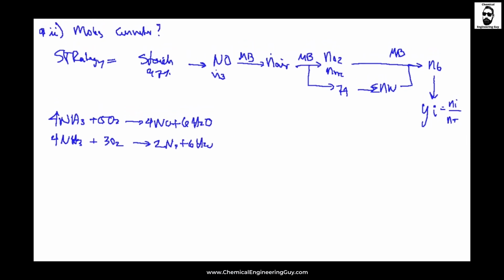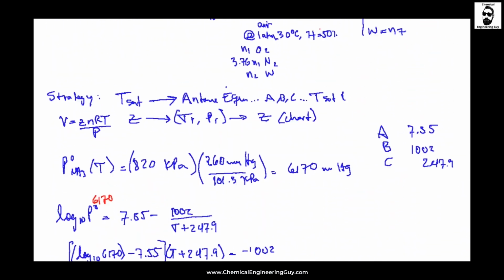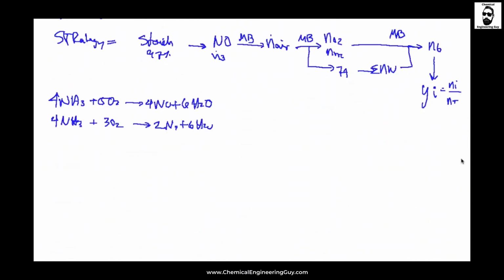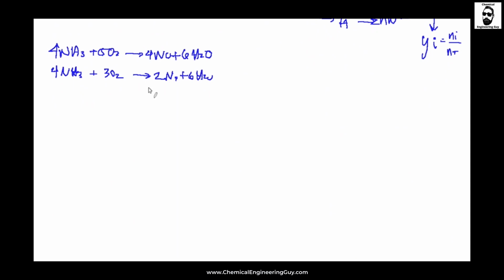So let's go up. Just let me tell you which one are which. We're going to use essentially this one here and this one here. Now that you know which one is each, this one is 97% and this is 3%.